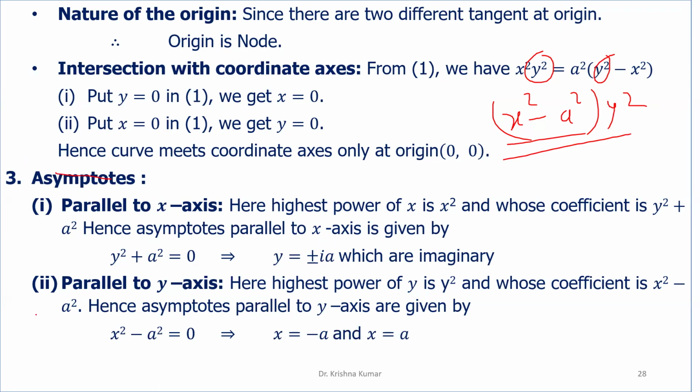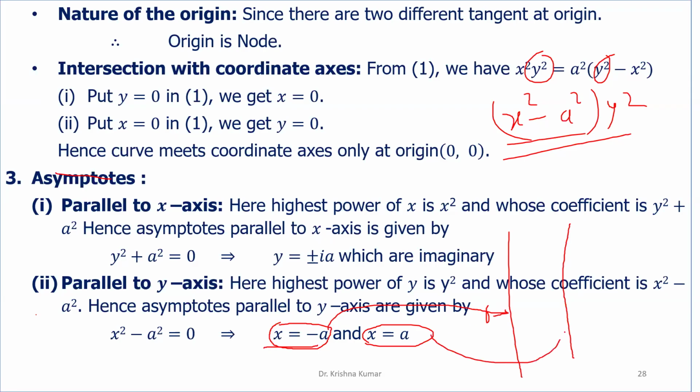So this x equal to minus a and x equal to plus a are the asymptotes parallel to the y-axis. Means if this is the y-axis, so this is x equal to minus a, and x equal to plus a is this.